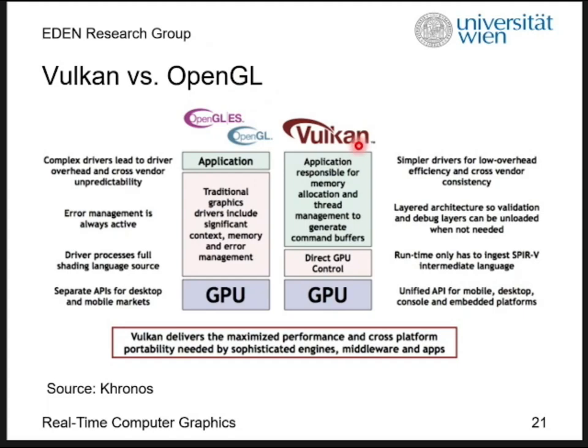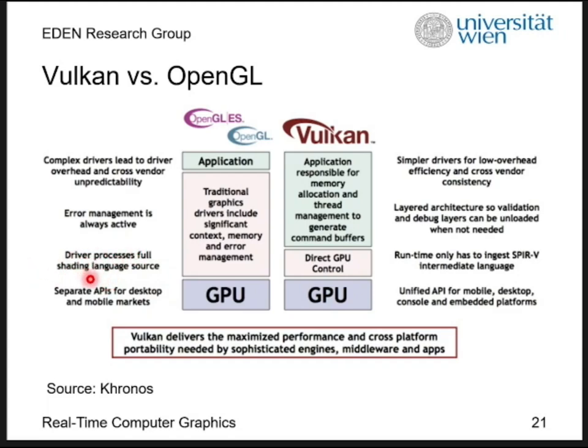Yeah, so here we have a comparison with OpenGL. We have different versions for mobile and for PC. Vulkan doesn't need that. Vulkan is one specification to bind them all. So here we have a big monolithic driver that is doing all of this, some error management.